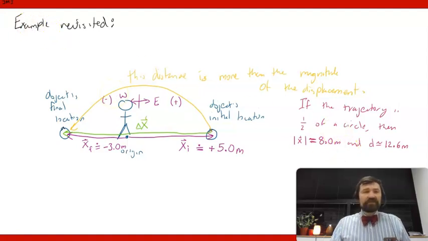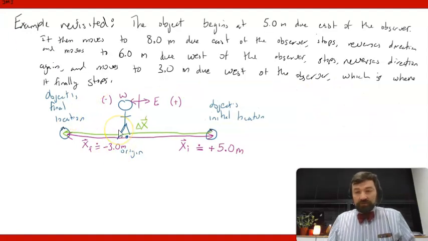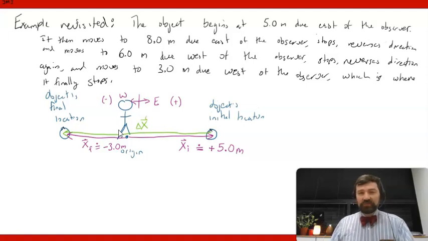Okay, maybe a second example is warranted with these same numbers. All right, for this example, we have an object which begins as before at 5 meters due east of the observer, and it ends finally as before at 3 meters due west of the observer.